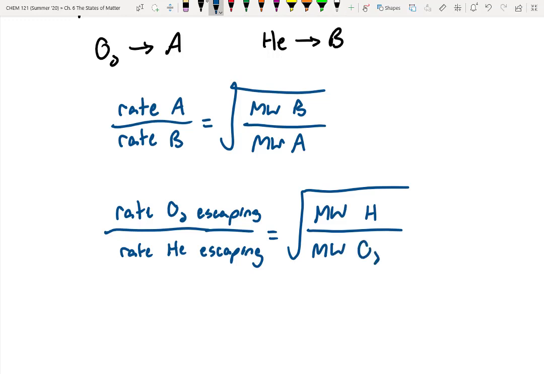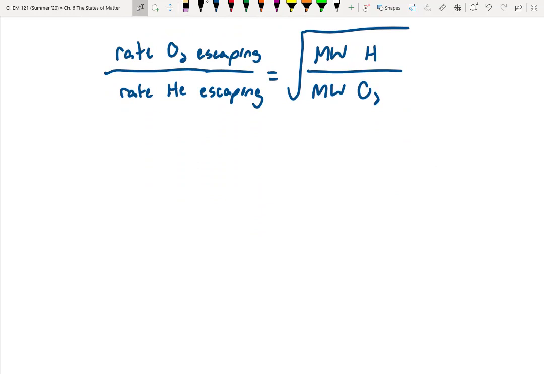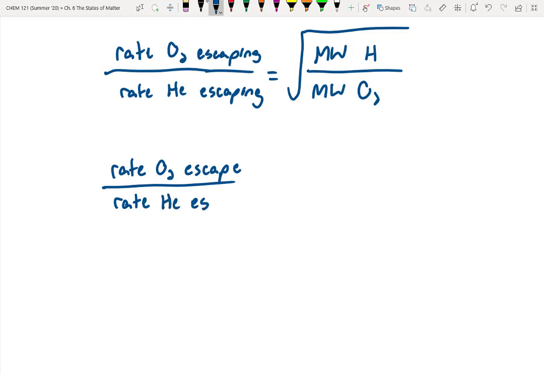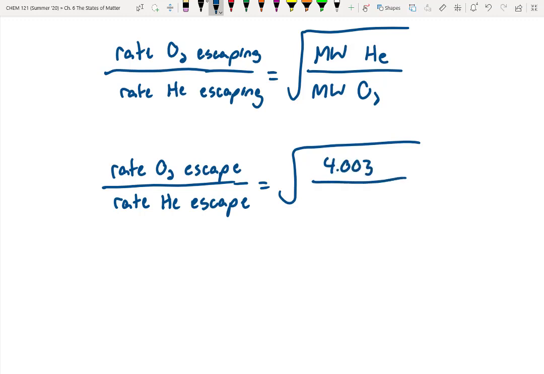So now we've more clearly defined that equation. So again, the rate of O2 escape over the rate of helium escaping is going to be equal to, whoops, that should have been He up there, the molecular weight of helium, which is 4.003, divided by the molecular weight of oxygen, which is 32.00.